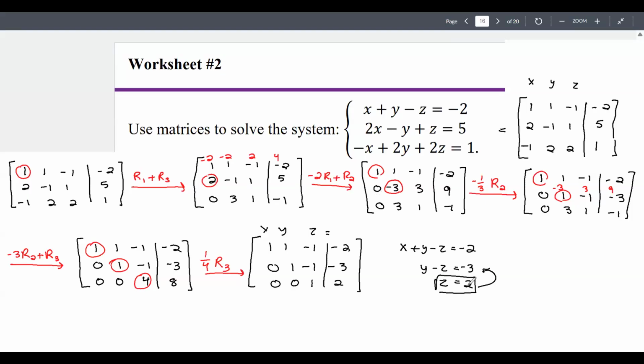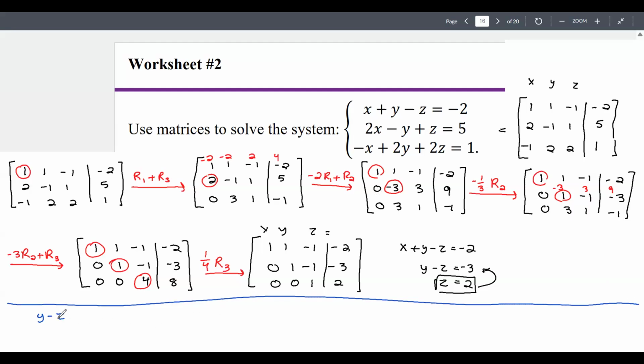So now that we know that z is 2, we know that y minus z equals -3, which means that y minus 2 equals -3, which means y equals -1. We know that x plus y minus z is supposed to equal -2.